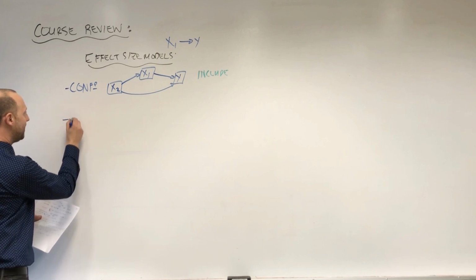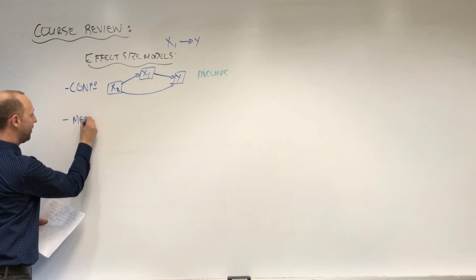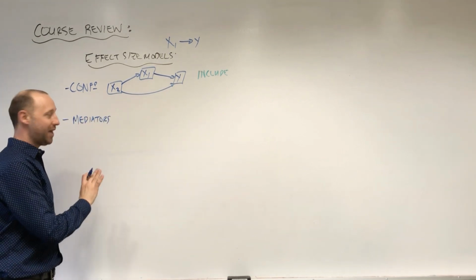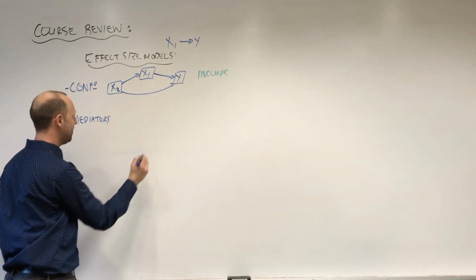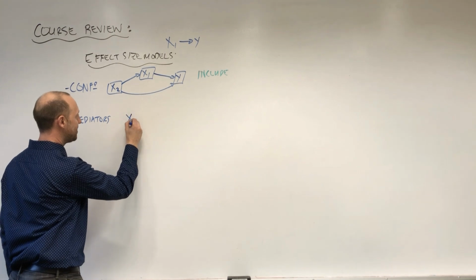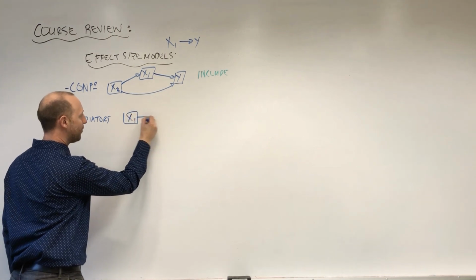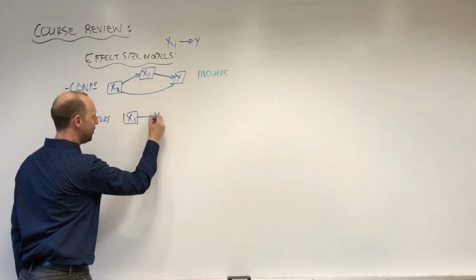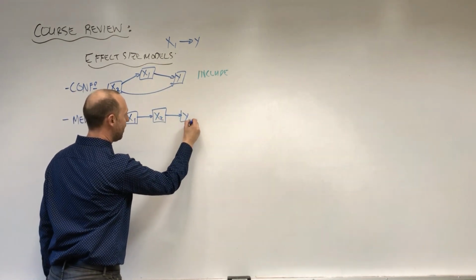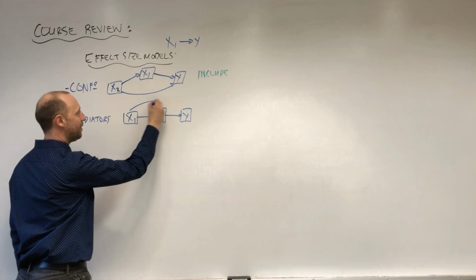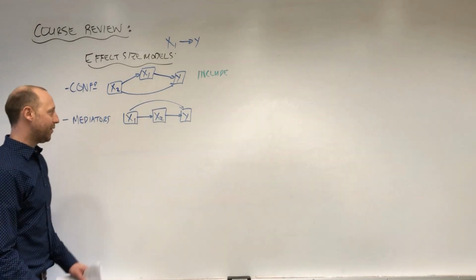Then we saw the idea of mediators. Mediators numerically behave the same as confounders, but they're not the same. The idea of a mediator is x1 directly causes x2 or has some direct impact on it, and then x2 affects the outcome. x1 may also independently affect the outcome.